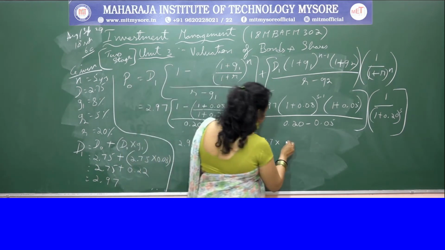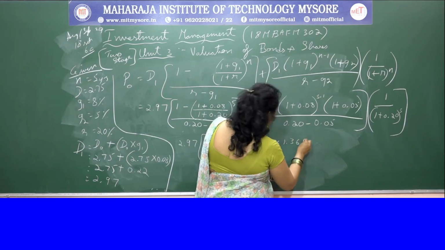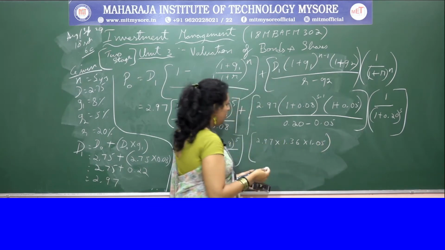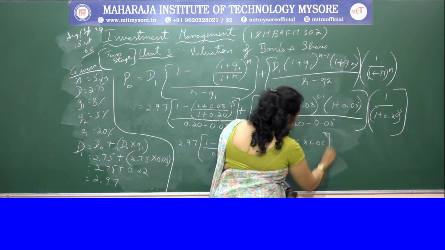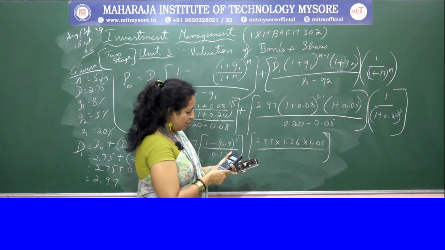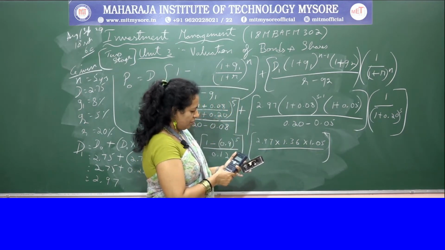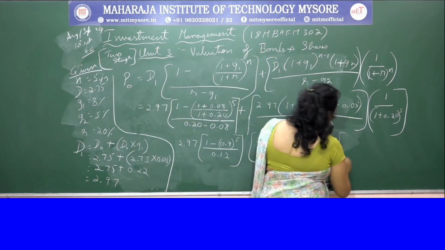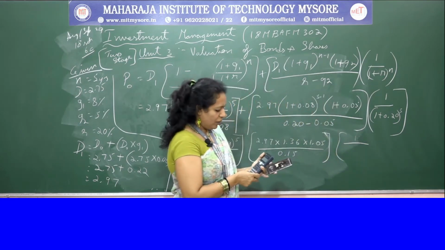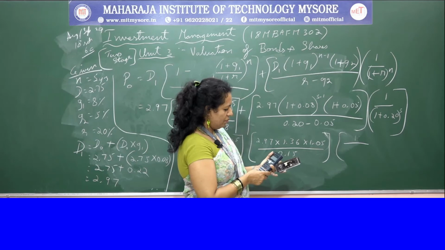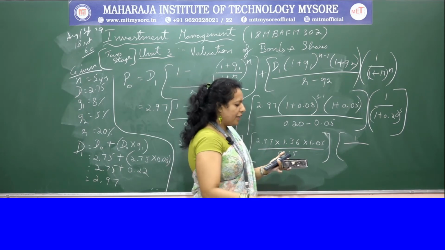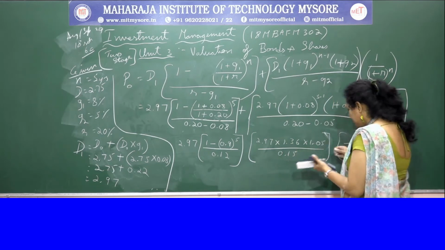I'll write 1.36 into 1.05, whole divided by 0.20 minus 0.05, you get 0.15. Let's go here. 1 divided by 1.20 to the power of 5, you get 2.4883.